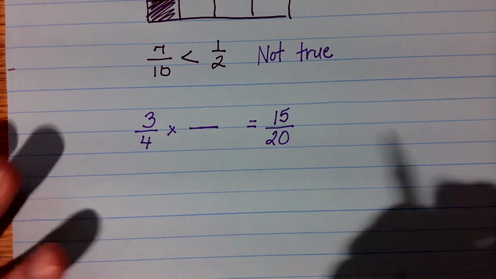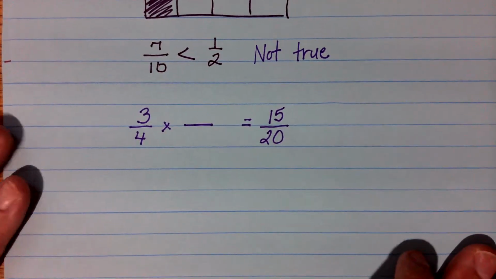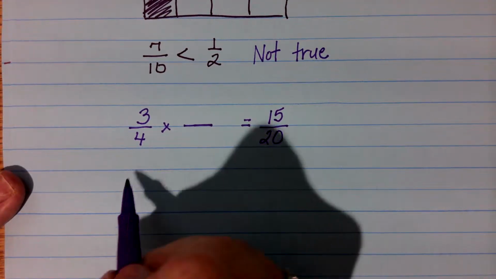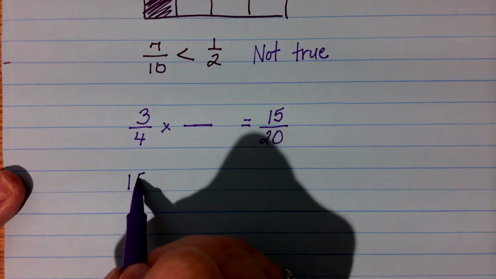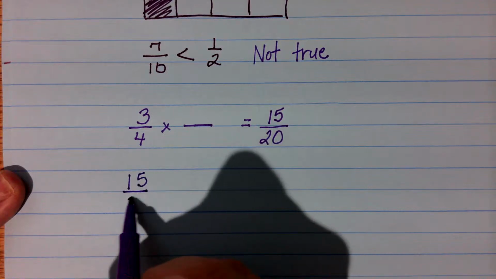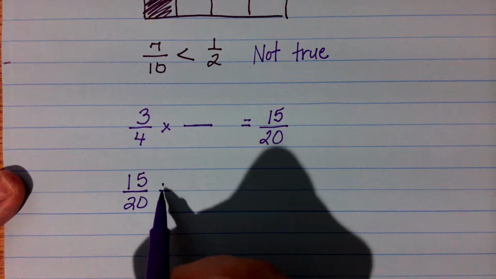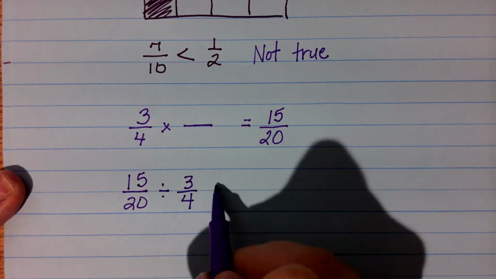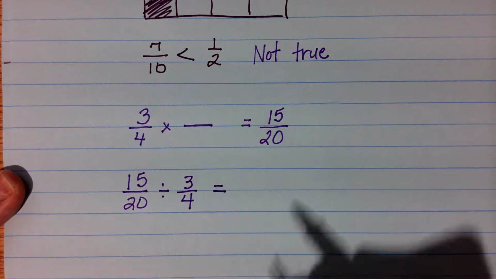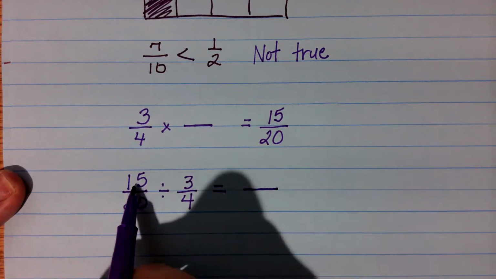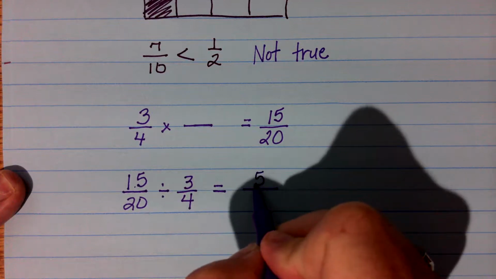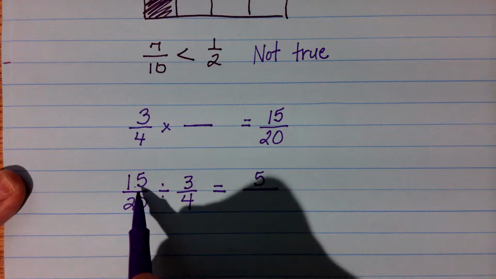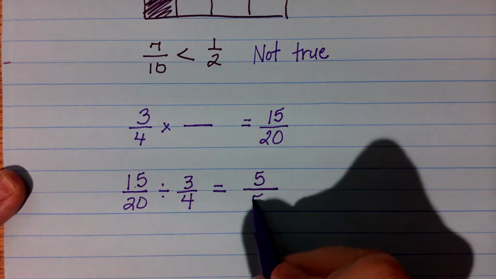I know this is the same thing as a turnaround fact or a fact family. So I can move this around and say 15/20 divided by 3/4, because remember, multiplication and division are in the same fact family, equals blank. 15 divided by 3 is 5. 20 divided by 4 is 5.